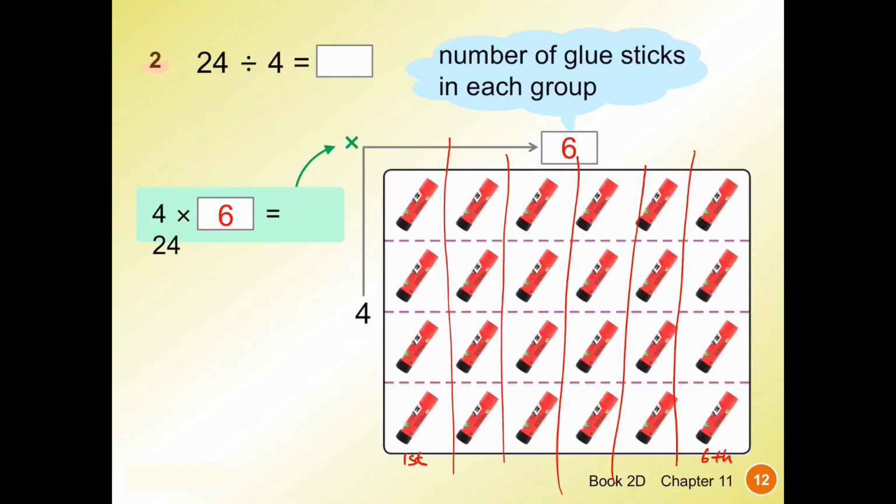And we did this on our 6th time. So 4 times 6 equals 24. So 24 divided by 4 equals 6. That means each group has 1, 2, 3, 4, 5, 6 glue sticks.